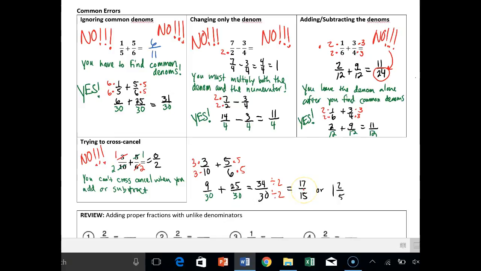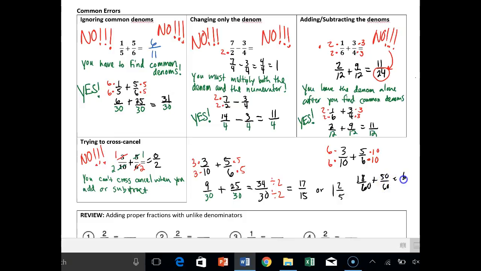You get 17/15. Now, for some of you, you may be thinking, well, how did you get that 30? Well, if you feel uncomfortable with the least common multiple, you can always just multiply by the opposite denominator. So in this case, I could just do times 10 and times 6, and you're going to get 18/60 plus 50/60.